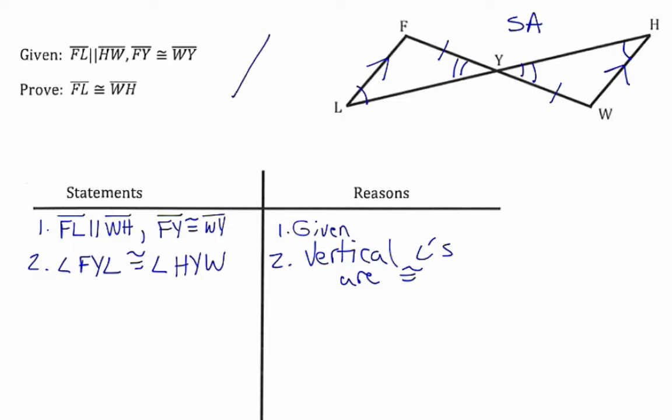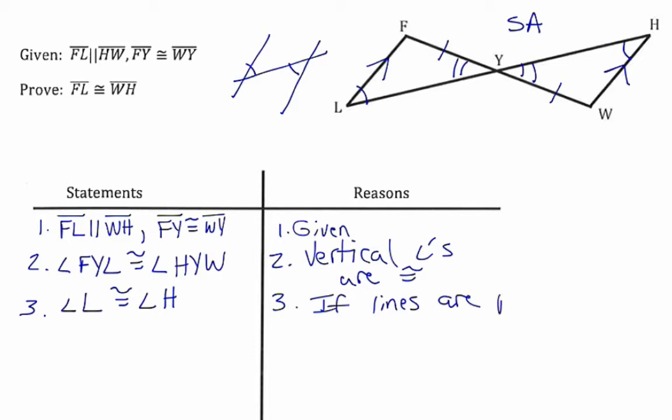And if you don't see that, draw the parallel, and the transversal that creates angle L and angle H. And since there's only one angle L or angle H in the picture, in my proof I can simply say angle L is congruent to angle H because if lines are parallel, then my alternate interior angles are congruent.